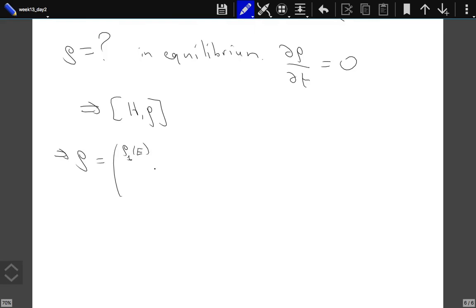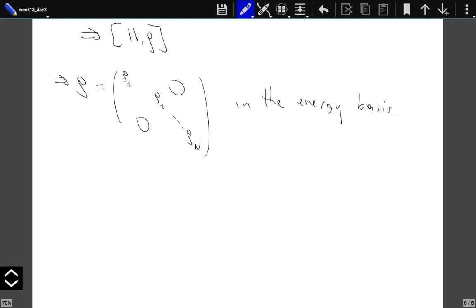The eigenvalues can be, let's say, rho 1, rho 2, rho 3, etc., up to rho n. It's a diagonal system in the energy basis. So what should these rho i's be so that the entropy is maximized? Well, let's look at the microcanonical ensemble.